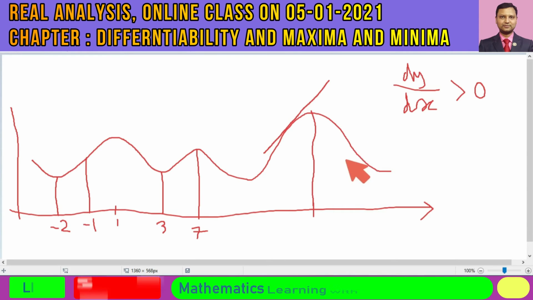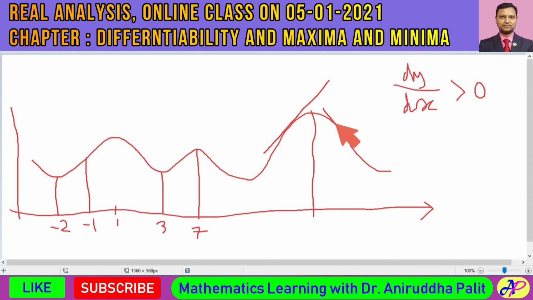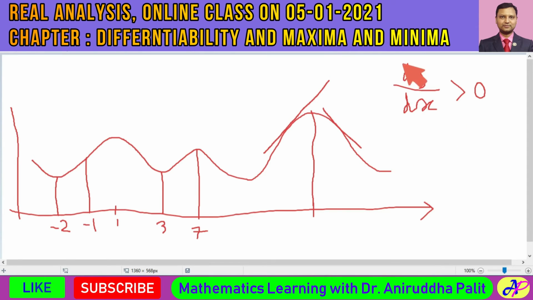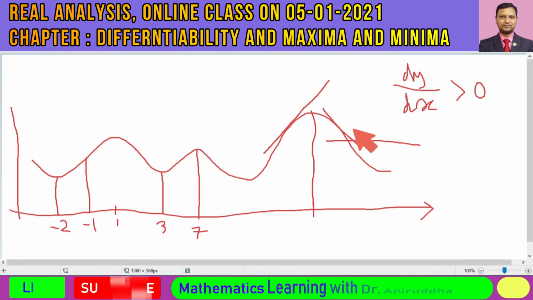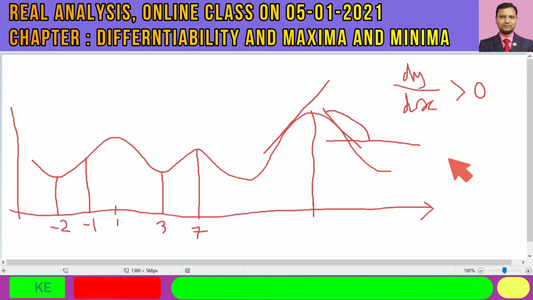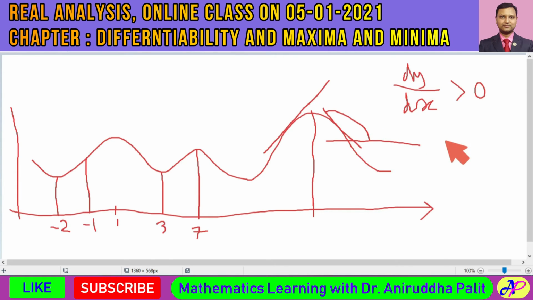And if we draw a tangent on the right-hand side, the slope of the tangent is this kind of angle, which is greater than 90 degrees and less than 180 degrees, and in that case tan of theta would be less than 0.